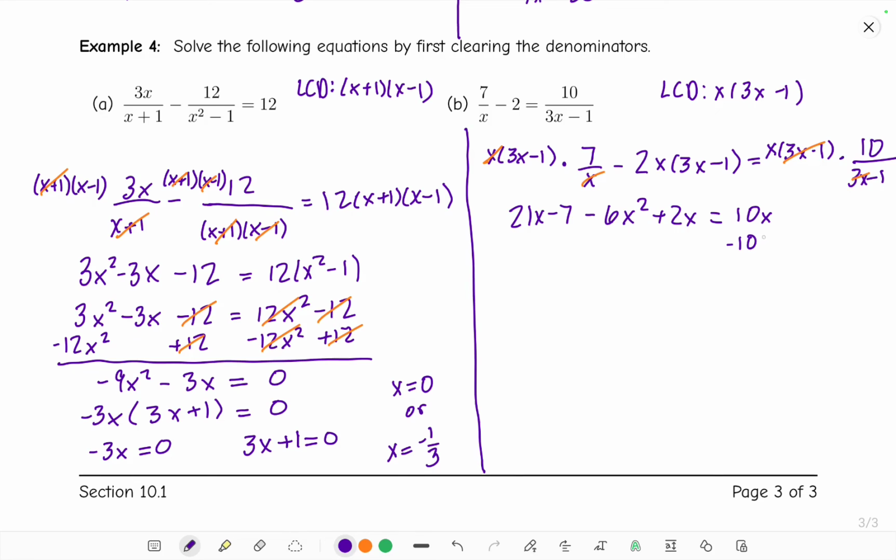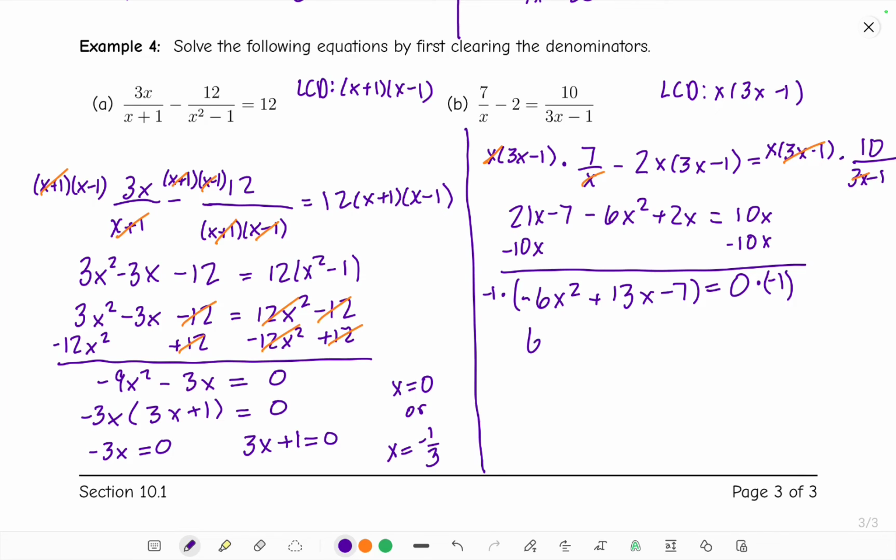So subtract 10x from both sides. Rearrange and combine like terms, we get negative 6x squared plus 13x minus 7 equals 0. And again, I just like everything being positive, so I'm going to multiply everything by negative 1. So we get 6x squared minus 13x plus 7 equals 0.